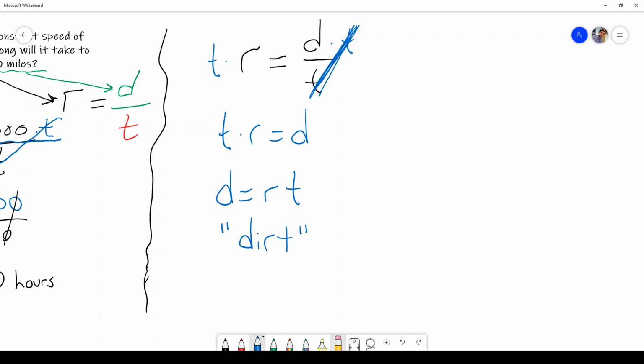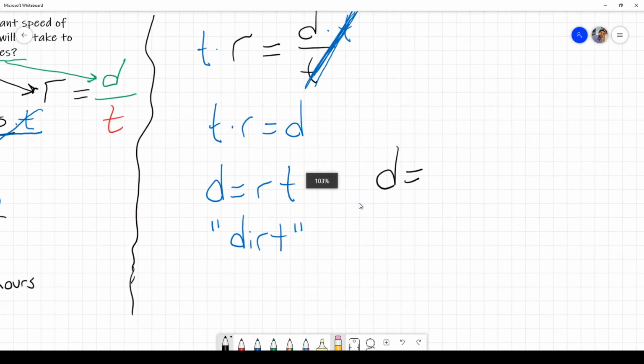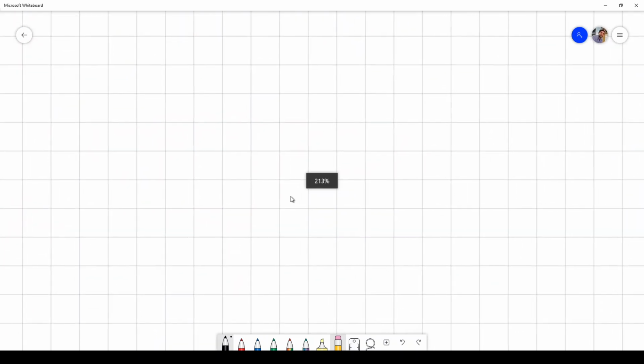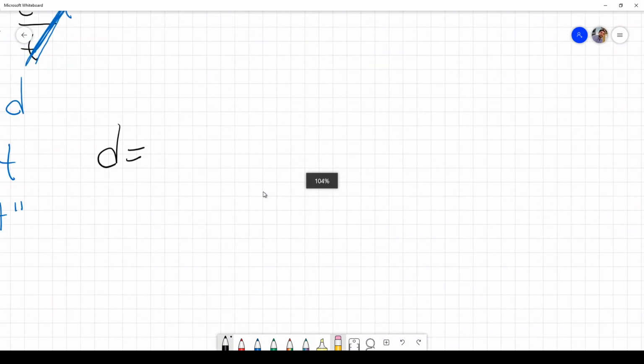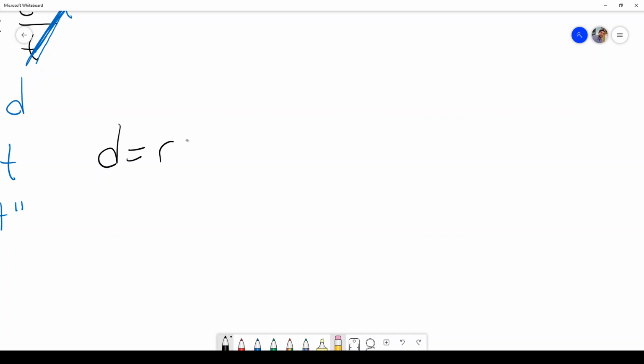If I know that D equals RT, I can manipulate that to get anything I want. What if I'm solving for T? Okay, I want to get T by itself. How about I divide both sides by R?